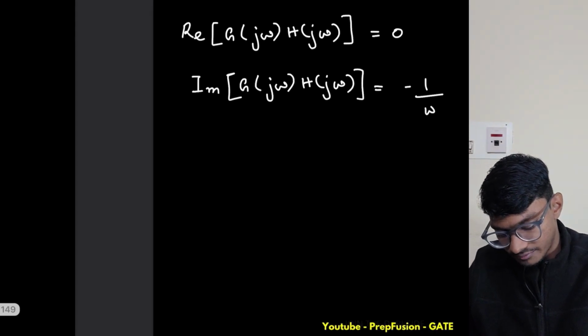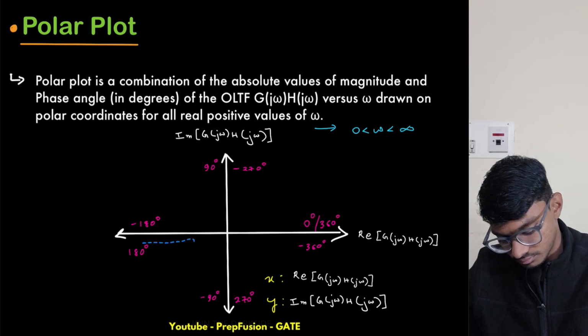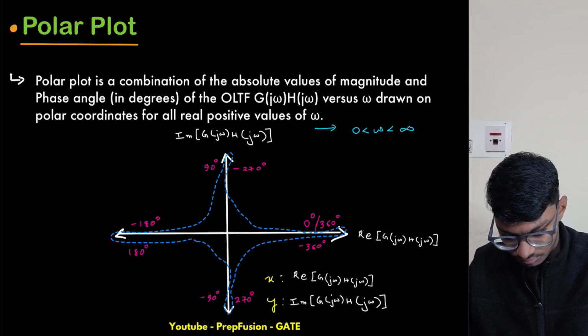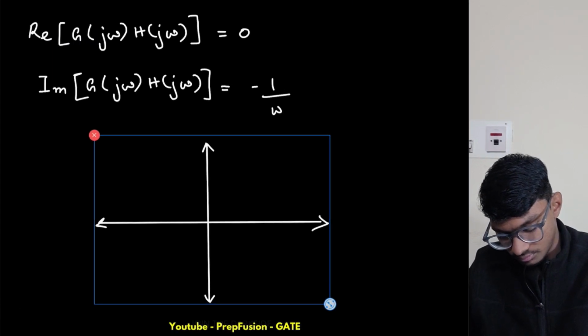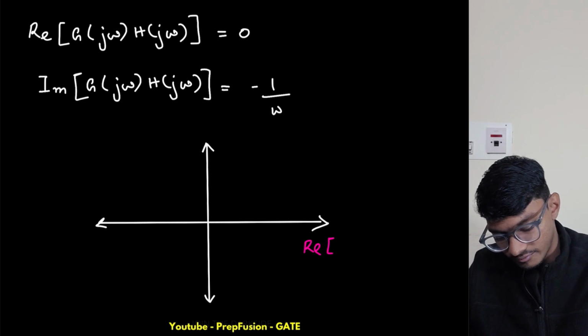Okay, let me copy this graph itself. So this is real of g of j omega, which is 0, so it will never lie here.